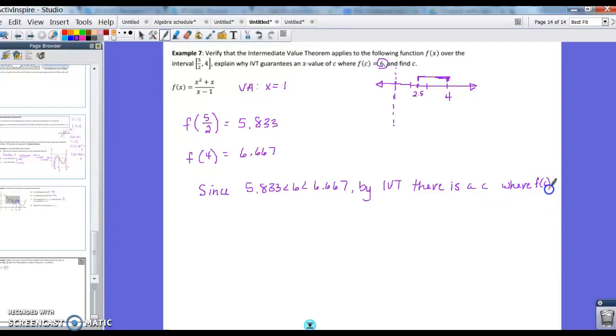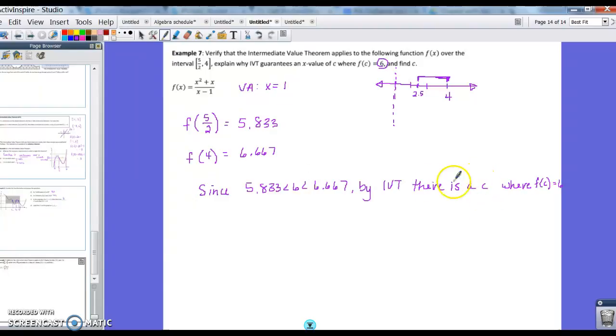Remember, if our c value is between 2.5 and 4, then we get an f of c value between 5.833 and 6.667. So we had to determine those values first and show that 6 was between those, and that tells us that that part of IVT has been verified.